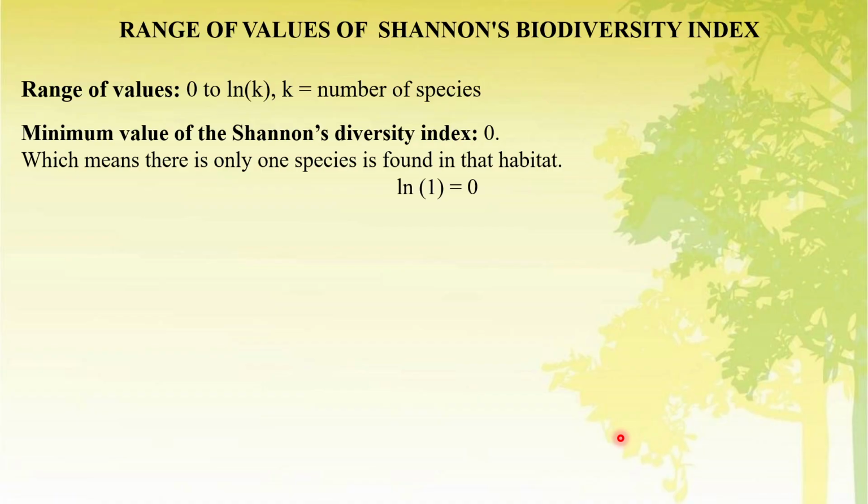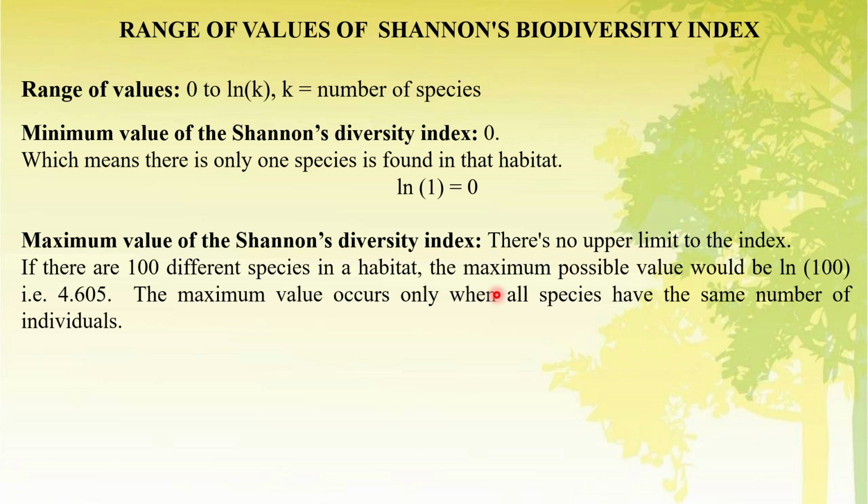So if there is only one species, then ln 1 would be 0. But there is no upper limit. If there are 100 different species in a habitat, the maximum possible value would be ln 100, that is 4.605. If it is 1000, then it is 6.9. If it is 50, then 3.91 accordingly.